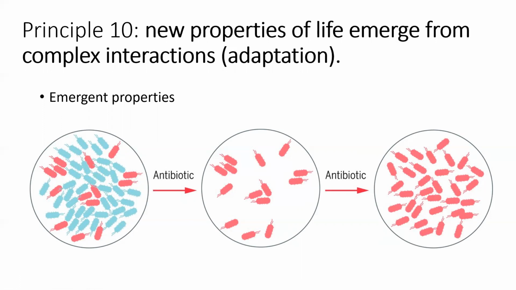And what happened with Staph aureus is it mutated and evolved to the point where it changed the way its cell wall is composed, and is able to fight off the use of methicillin. So if you do target the Staph aureus with methicillin, it's not going to do anything. Again, you can see that it is just continuing to reproduce because it is adapted.